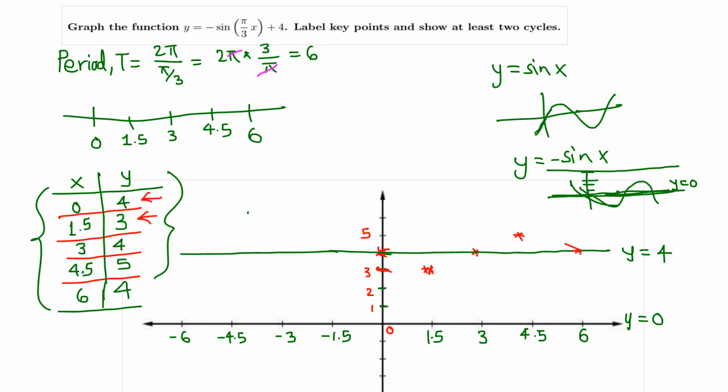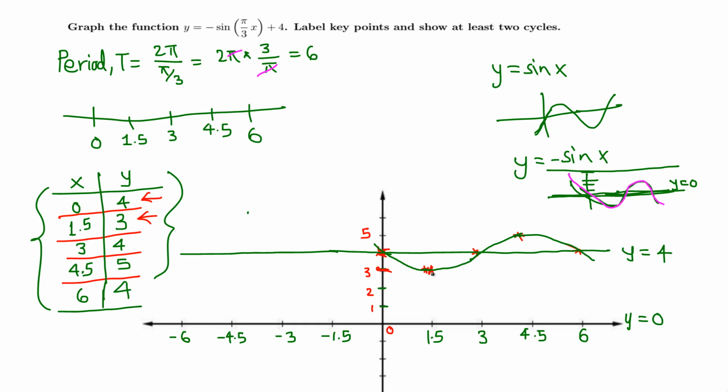We need to get this graph. Negative sign means like this. We go down up to here and go up, and up to there go down. This is symmetric with respect to this line. This is one cycle. Now we need to do the same thing.